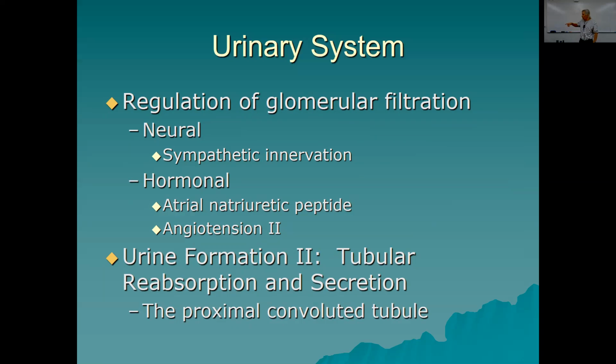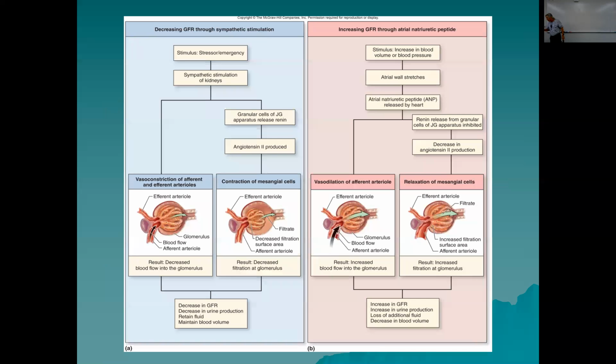So let's get on to information 2, tubular reabsorption and secretion, and first look at the proximal convoluted tubule. Oh, first, before we do that, we look at decreasing GFR through sympathetic stimulation on the left, increasing GFR through atrial natriuretic peptide on the right. So with some kind of stress emergency, sympathetic stimulation of the kidneys causes vasoconstriction of both the afferent and efferent arterioles.